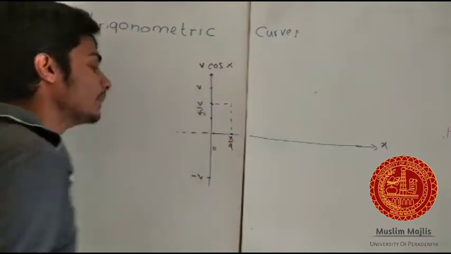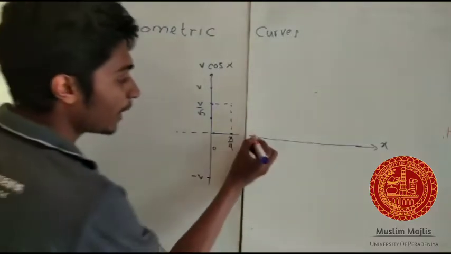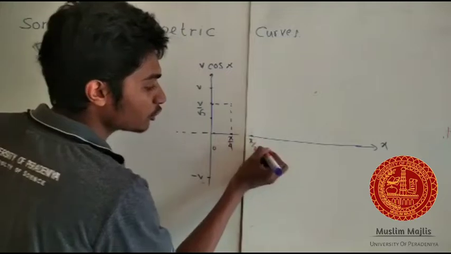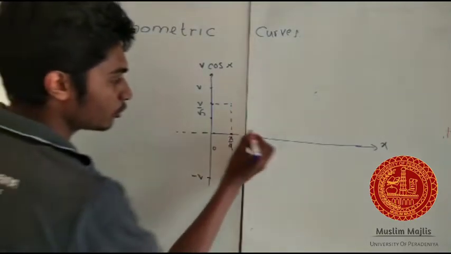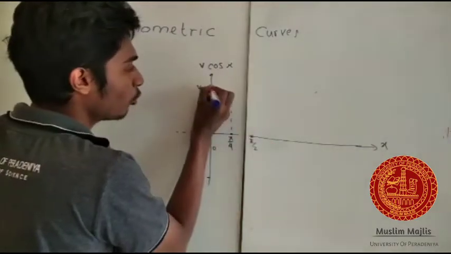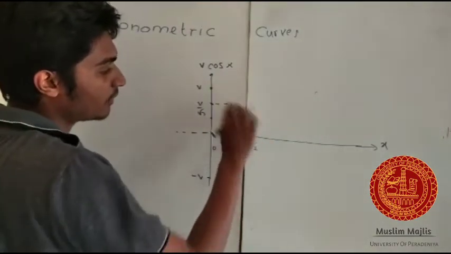The next one is pi by 2: cos pi by 2 is equal to 0. Cos 0 is 1, so you have a curve like that, right?